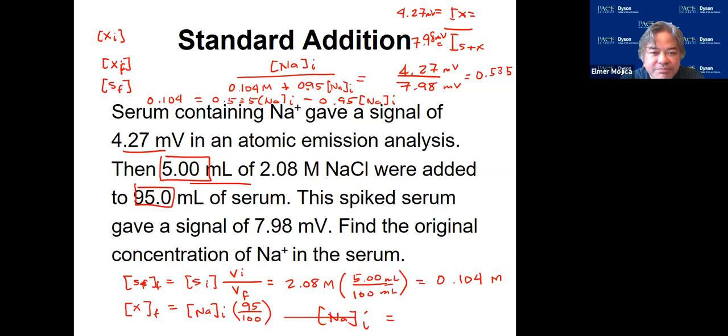So what is Na plus? Try to get a whiteboard just to assist you. So you end up with this one, 0.104 molar.